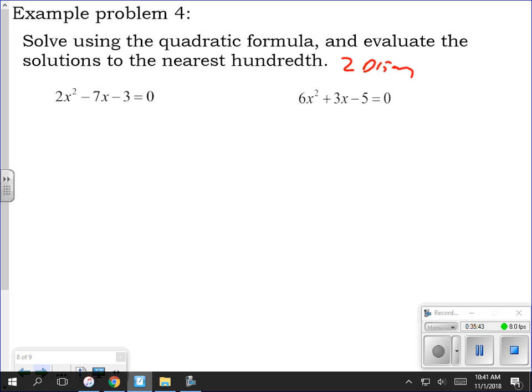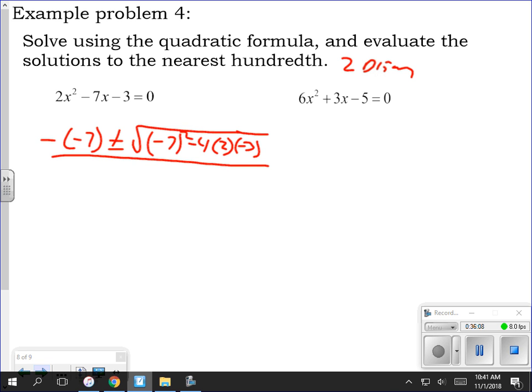I want to make sure you have enough time for your quiz, which you should. Let's go ahead and do this first one together. So, set it up the same way. Minus b plus or minus the square root of b squared minus 4 times a times c all over 2 times a.